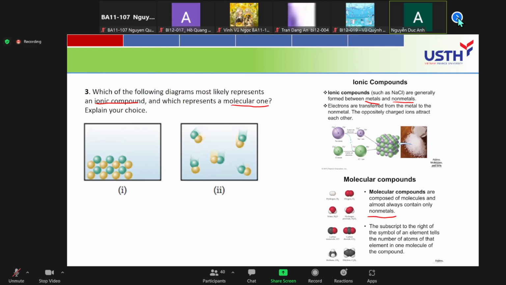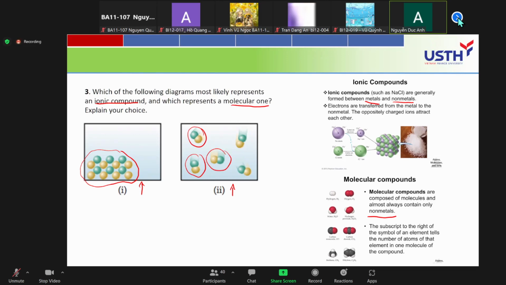When you study bonding, you will be clearer about ionic bonds and molecular bonds. The difference between ionic compounds and molecular compounds is what you see on graphs 1 and 2 here. In ionic compounds the atoms normally stay in order like that, but in molecular compounds they move freely like that. So let me explain.